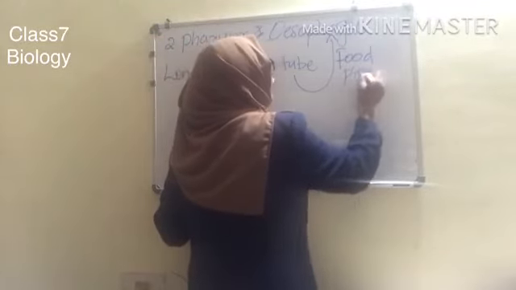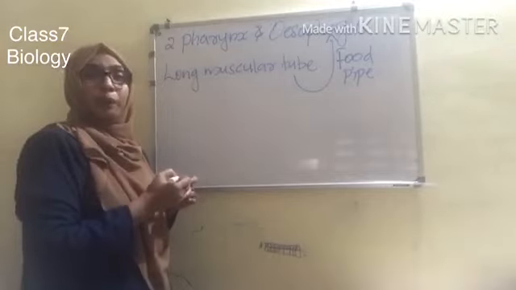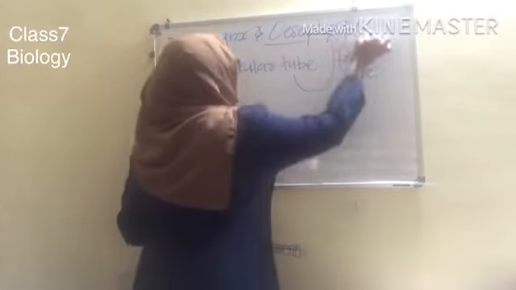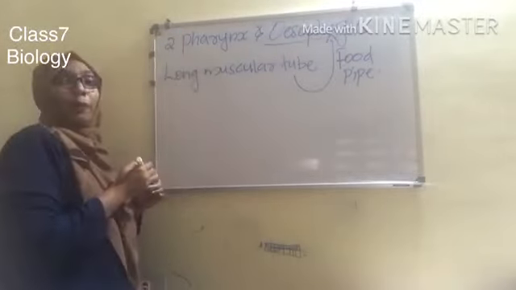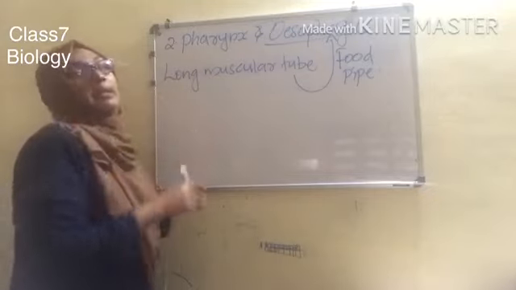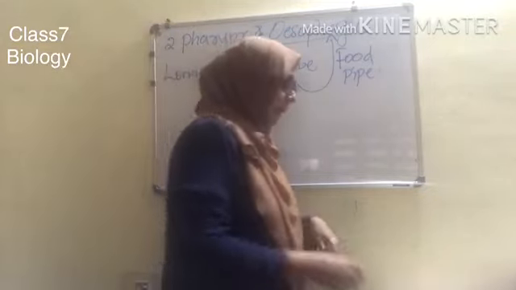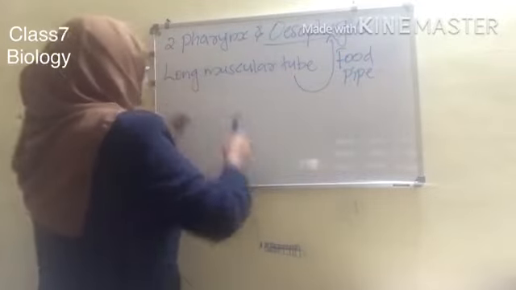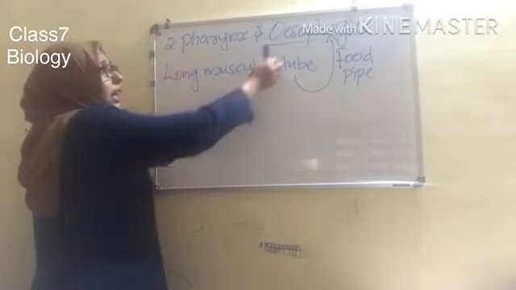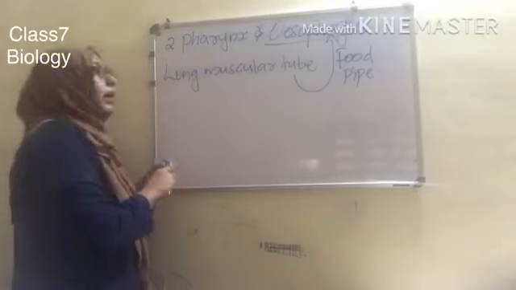Another name is food pipe. Both are the same. Food pipe and esophagus are the same. So the esophagus is a long muscular tube. And how is the food passed into the long muscular tube?